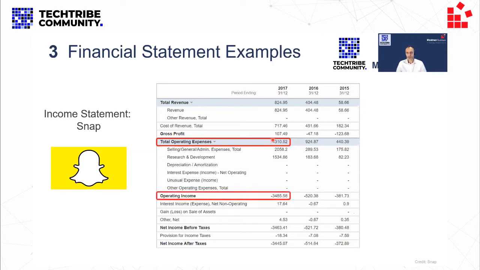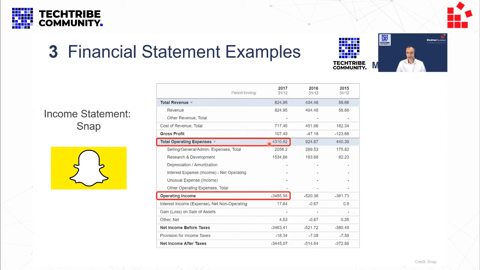Because of that big operating expense item, we have an operating loss, because the income was only 800 million, with a gross profit of only 100 million, but operating expenses of over 4 billion. So this shows that they're operating at a huge loss.